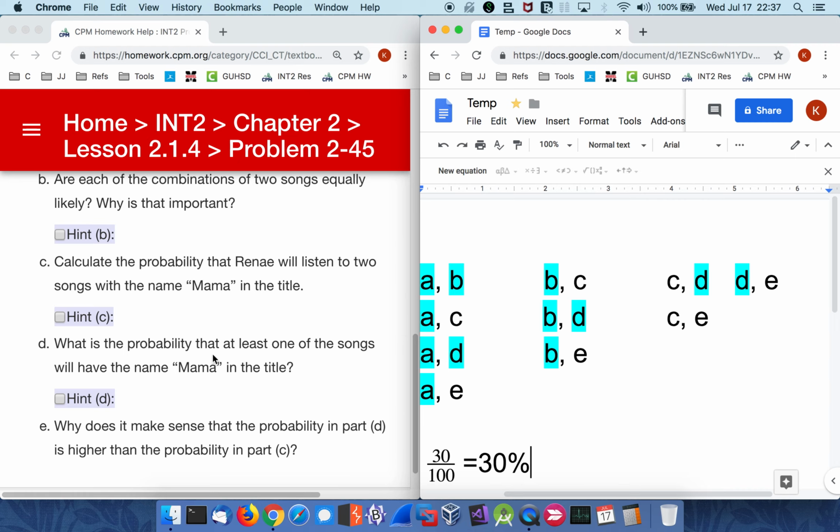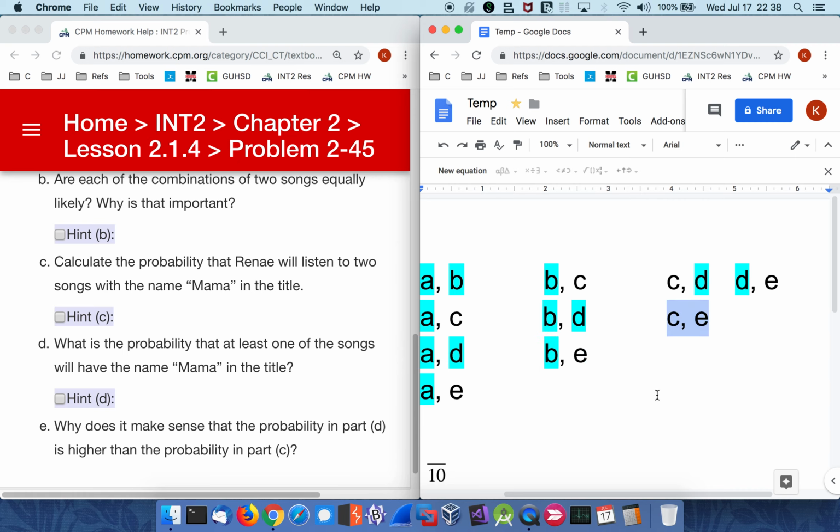What is the probability that at least one of the songs will have the name Mama in the title? Okay. So let's do at least one of the songs. So at least one. So this pair has 1, 2, 3, 4, 5, 6, 7, 8, 9.